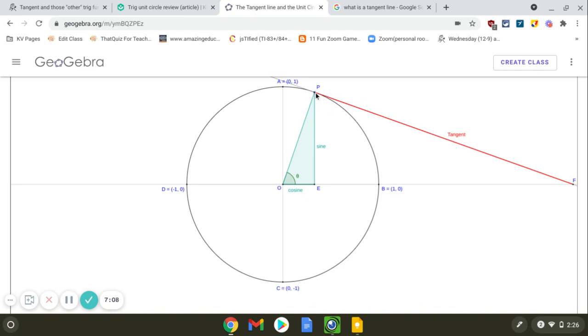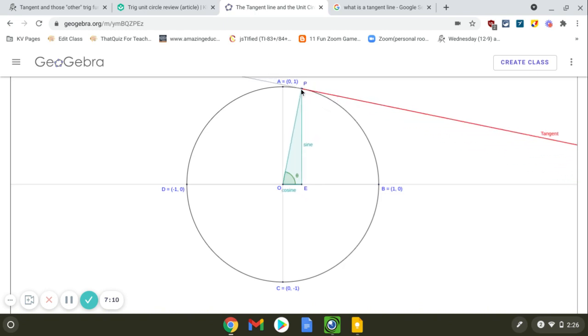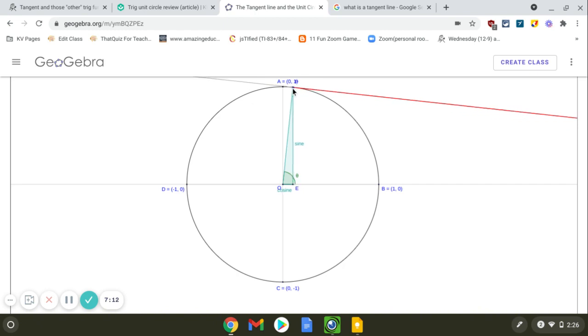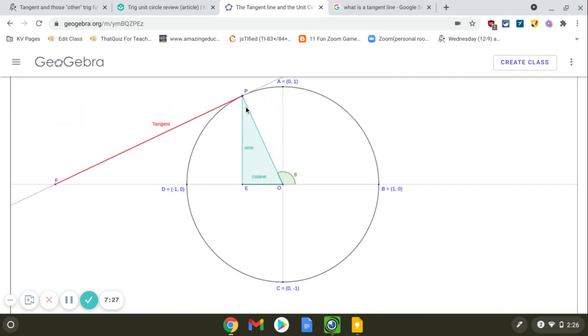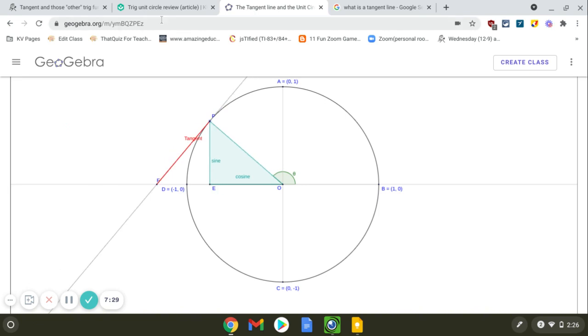But the closer and closer that I get to 90 degrees, hopefully you see here, they're coming out to be parallel to each other. And because the tangent line is parallel to the x-axis, they never meet, all right? If they do meet, it's out there towards infinity, all right? So that's tangent in a nutshell, I guess.